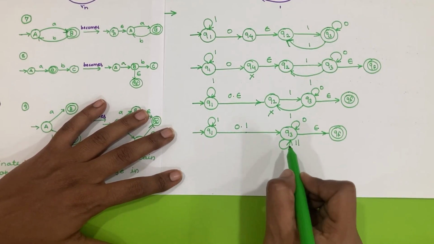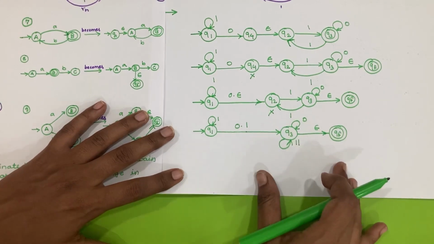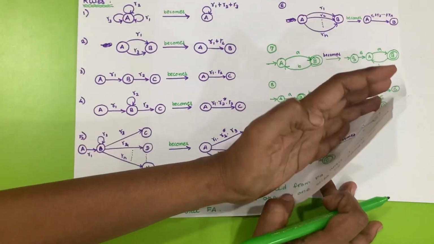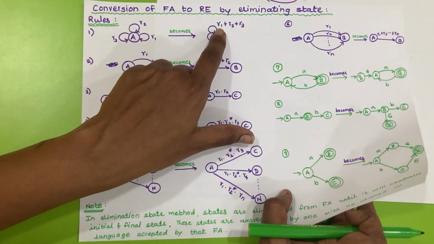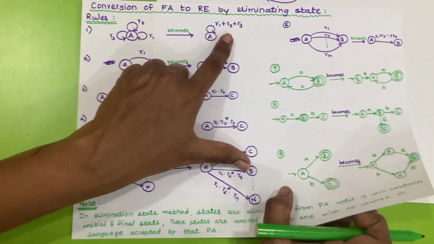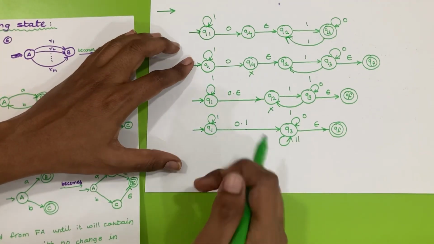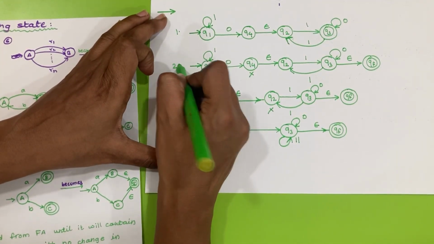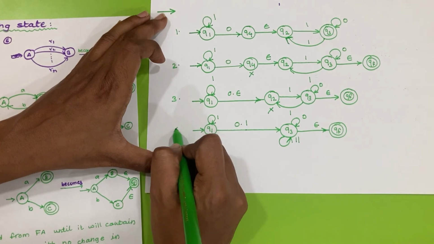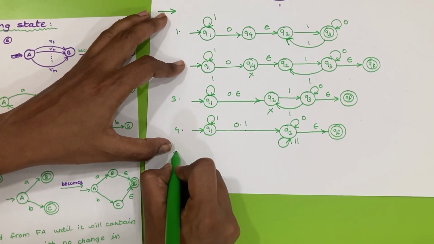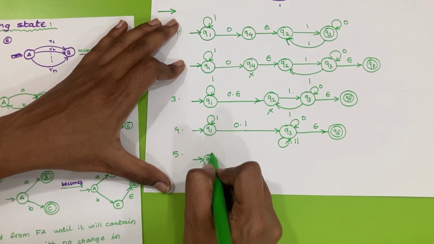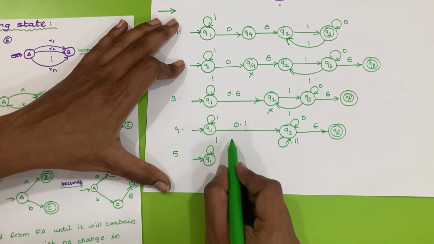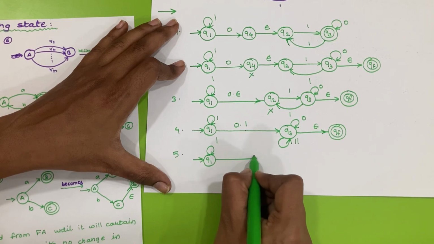Now here the first rule is applicable. According to the first rule, if we have a number of cycles, then that will be converted in this diagram. So Q1, 1.